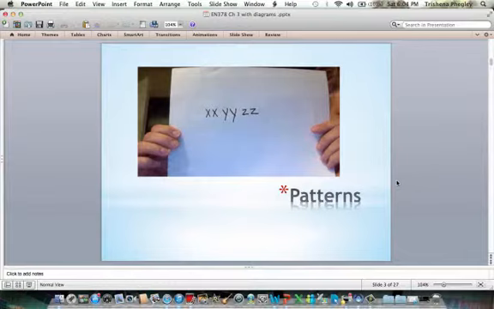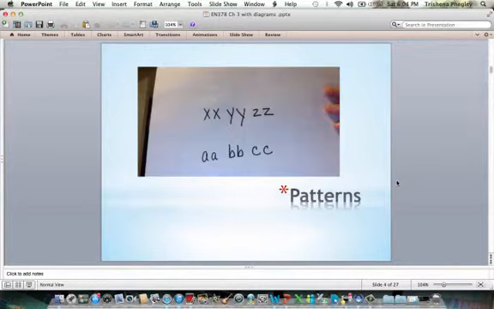We can still keep the same pattern and just substitute in different words. For example, if we add the A, A, B, B, C, C, it's still the same pattern, but we just have different letters there. That's what's happening here when we write these different sentences. It still follows the same pattern. The words still play the same role in the sentence, but the words may change up.